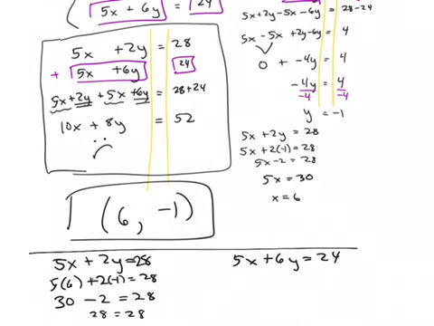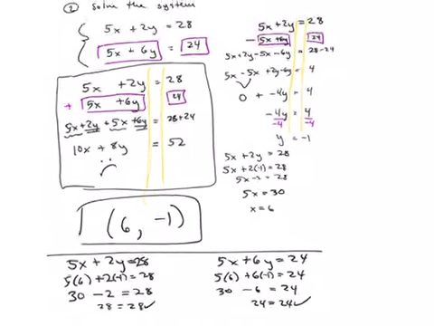Yeah, that equation is satisfied. I'll try the other one. I'll replace x with 6, and replace y with negative 1, and I get 30 minus 6 equals 24. So both equations are satisfied.